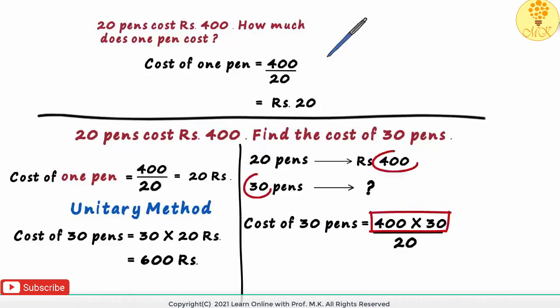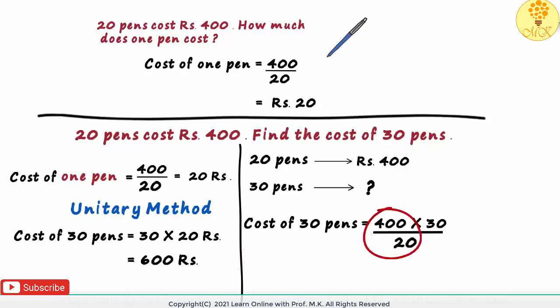We just multiplied these two terms and divided this product by this term. There are two ways in which you can understand this. First, we're actually dividing 400 by 20 to get the cost of one unit and directly multiplying this by 30 to find the total cost of 30 units. So what we did using two steps previously is done in one step here.